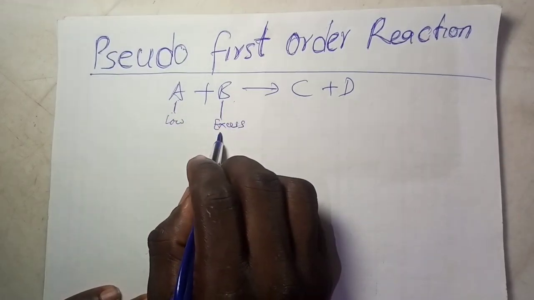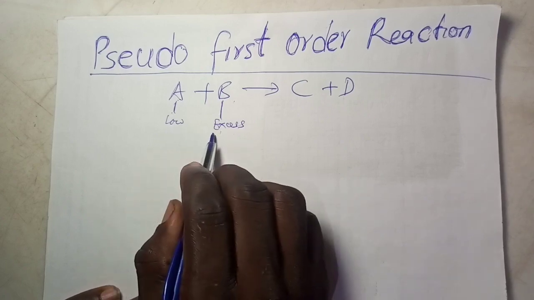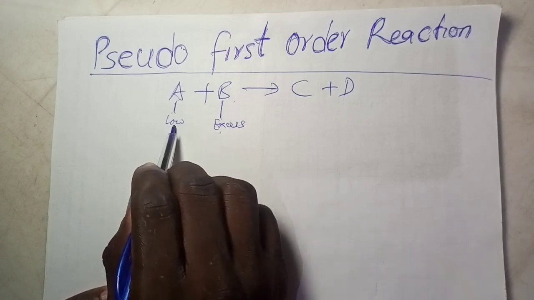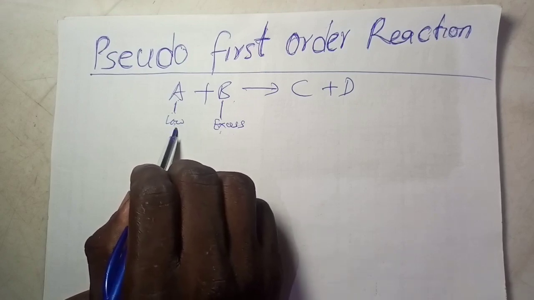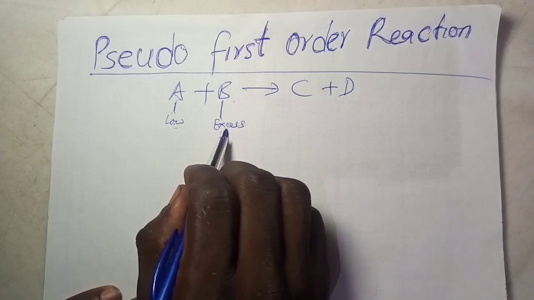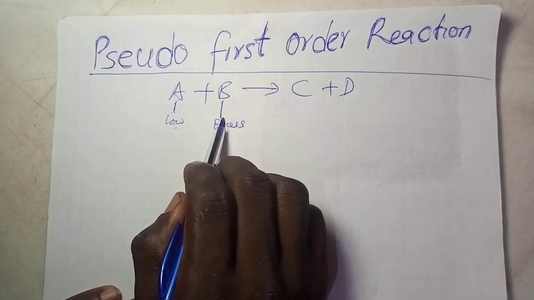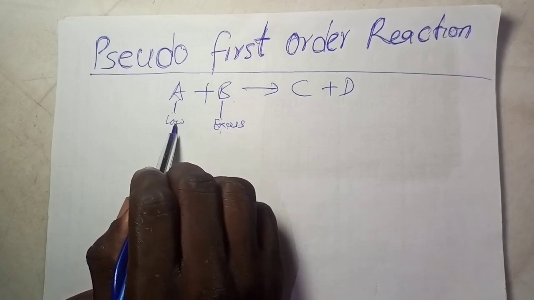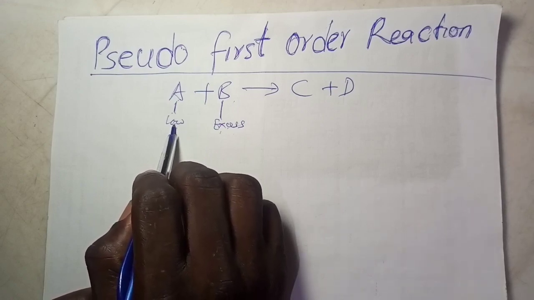Then the reaction is considered to be pseudo first order with respect to A, because B is in higher concentration, or its concentration is kept constant.